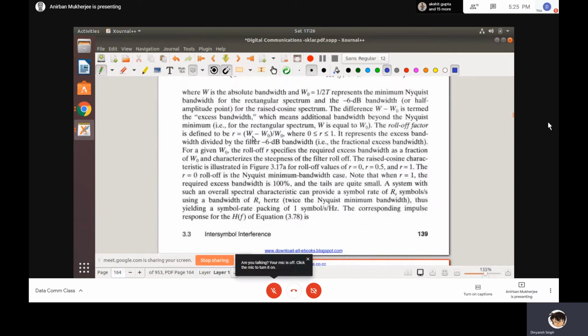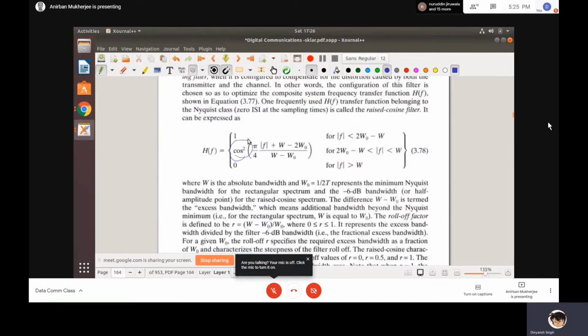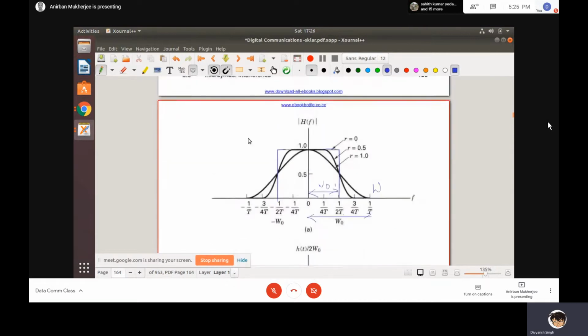R equal to 1 means (W minus W0) by W0 equal to 1, that means W equal to 2W0. Okay, that is W equal to 2W0.